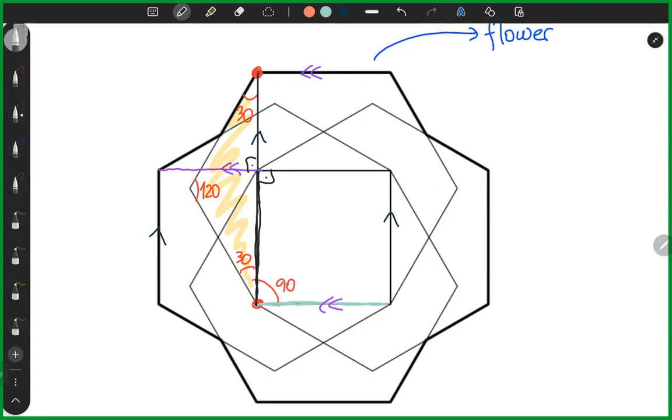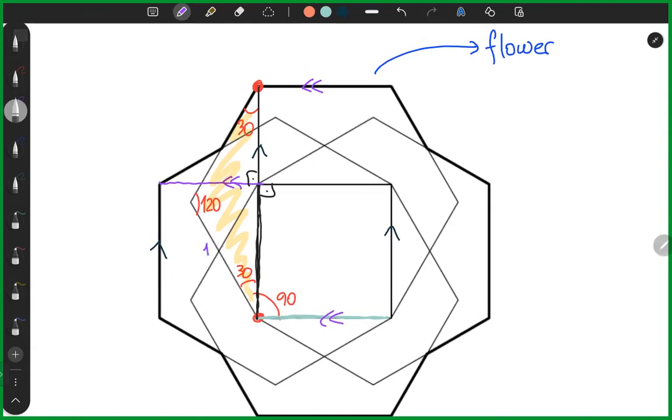So let's calculate some side lengths. The yellow triangle is an isosceles triangle with sides 1, 1, and the angle in between is 120 degrees, so the opposite side has to be √3.